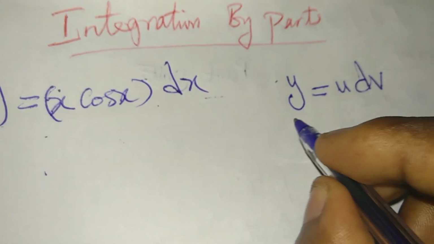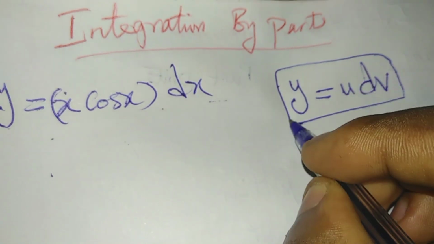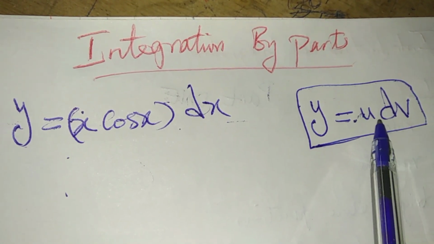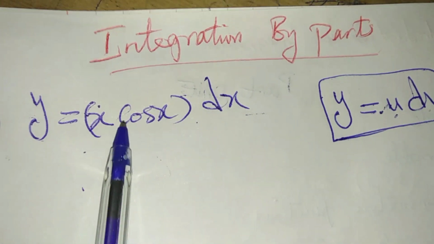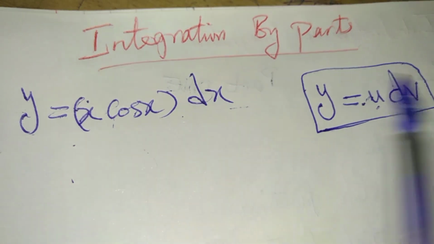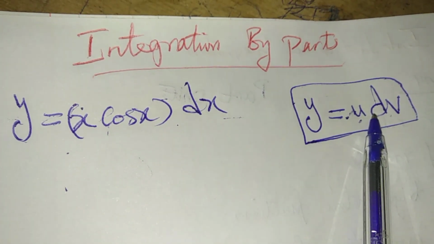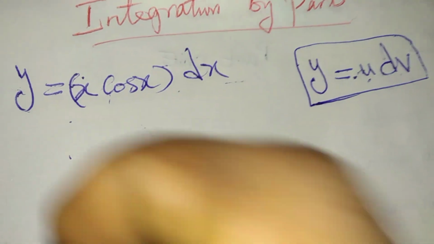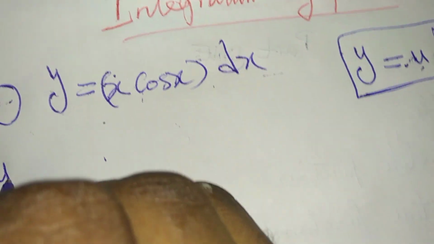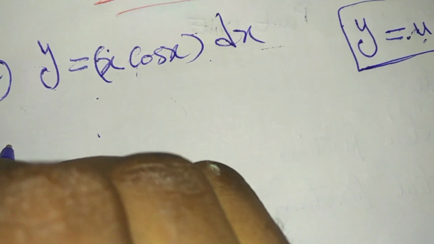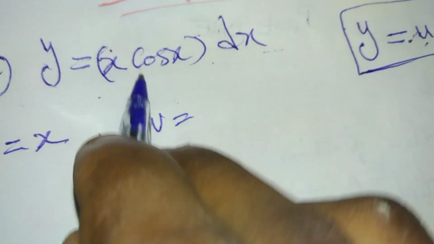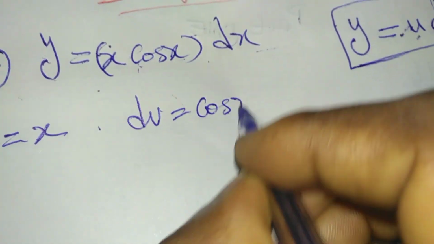In fact, anytime you are able to identify u and dv in your equation, then you can use integration by part to resolve the integration. So you let the function that you can easily differentiate be your u. So u in this case can be x, so that dv will be the other one, cos x.